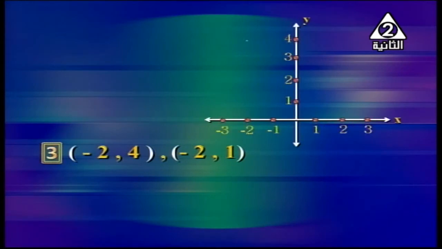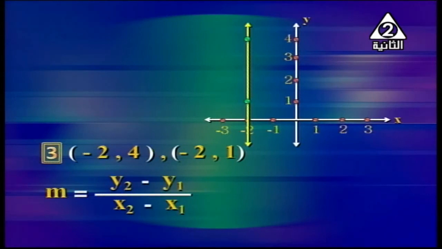Then, can you find the slope of the straight line which passes through the 2 points (-2, 4) and (-2, 1)? First, plot them graphically. Draw the 2 axes and try to plot (-2, 4) and (-2, 1). Join the 2 points together. What do you notice? You are going to notice that the straight line is parallel to the y-axis. So, slope equals y2 minus y1 over x2 minus x1.